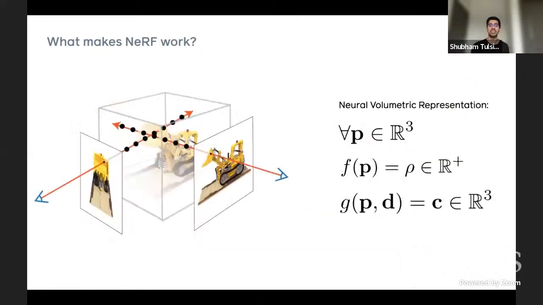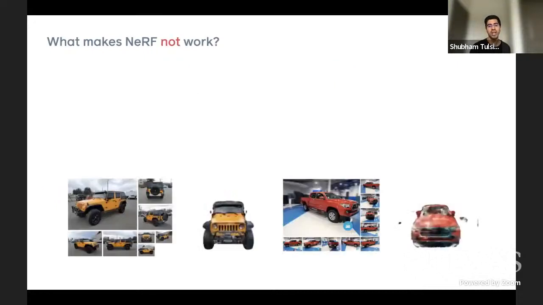And the reason for the success of these neural volumetric representations is their expressivity. So for instance, Nerf represents the 3D structure as almost an unconstrained geometry and appearance model, where at each point we model a free-form density, and at each point we model a direction-dependent appearance. And this really allows a very expressive model, which, given these hundreds of images, can fit really well to the data and capture the shape and appearance of a new object very well.